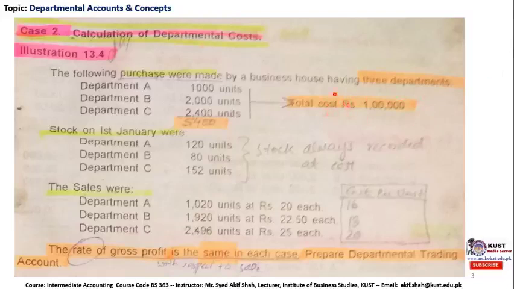So how would we know what is the unit cost for Department A, for Department B, and for Department C, so that we can come up with the purchases cost of Departments A, B, and C. Similarly, we also require the original cost per unit for opening stocks, so that we can make the departmental trading accounts. Here we have been given the cost for each department, which is 16, 18, and 20, which shall be discussed shortly.